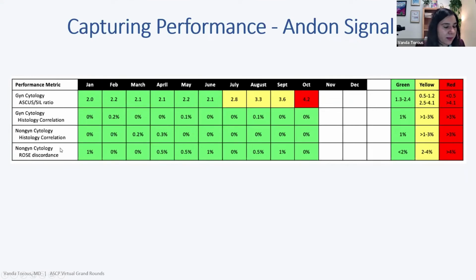So we have time, and then we have the metrics that we want to focus on here. You may have a few, or you may have a lot, depending on how many you want to keep an eye on. Again, we're collecting all of this data, but in terms of what we want to focus on, we can cater those based on individual laboratory needs. And again, this is a mock example, but you can see how rapidly you can identify that there's something going on here, so a worrisome or negative trend that you would want to address.